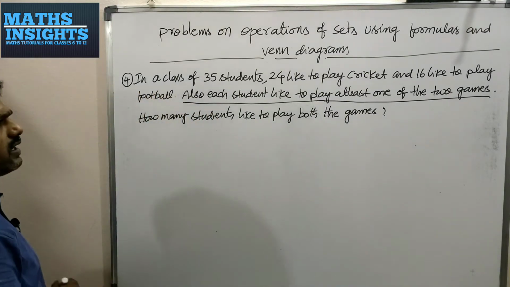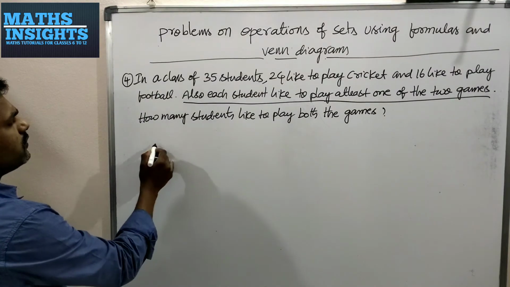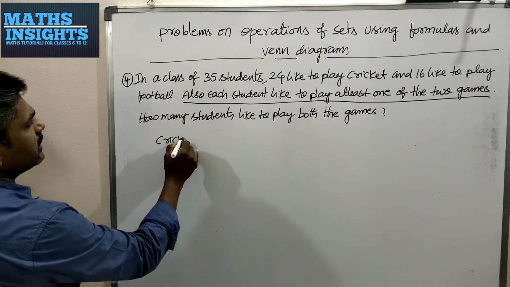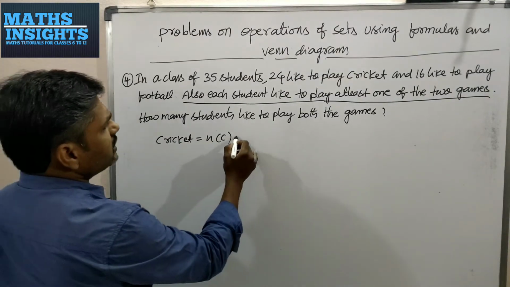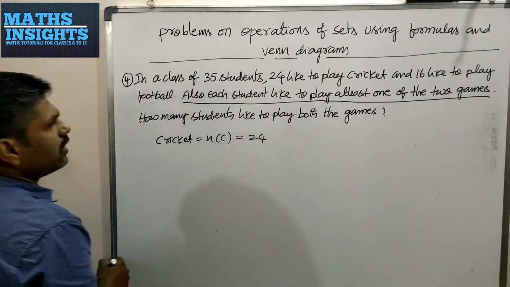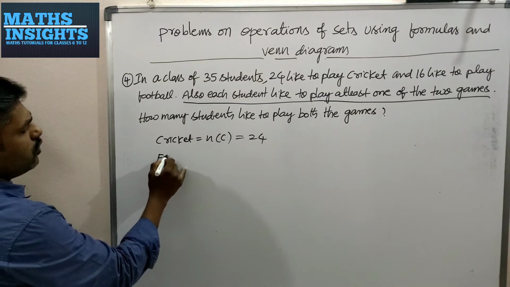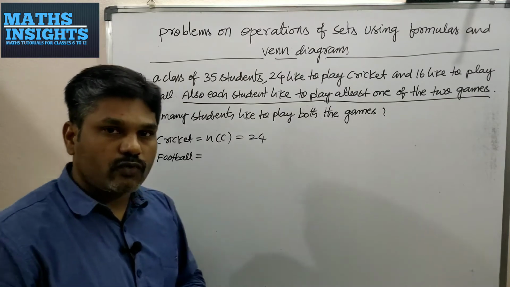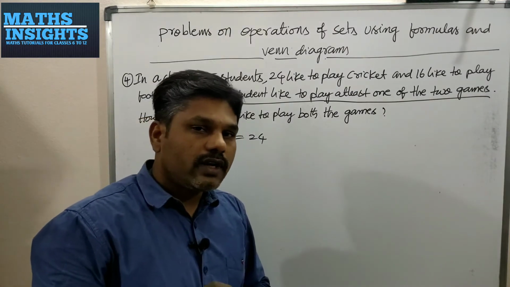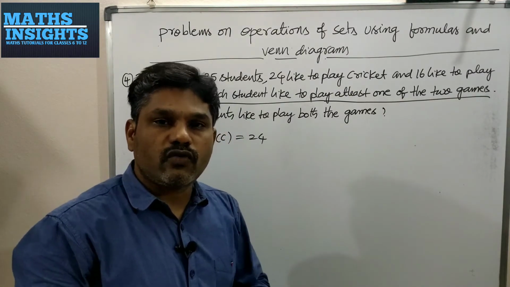And the remaining are the same. So, number of students who play cricket, I am writing number of C equals 24, and also football, those who are playing football. Playing football is different from playing only football.